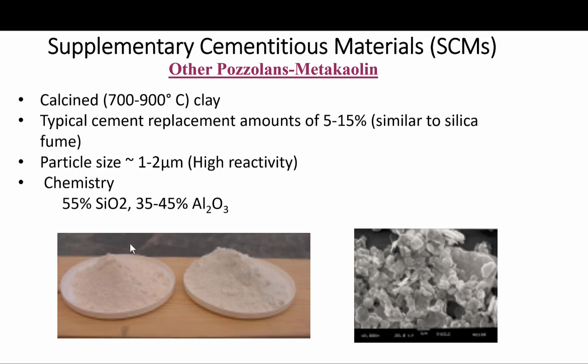Again, it's highly reactive due to its small particle size, high surface area, the highly reactive amorphous silica, and the presence of alumina. Its chemistry is about 55% SiO2 and 35 to 45% alumina, and that's why it exhibits more pozzolanic capacity, as we have shown in the earlier slides.